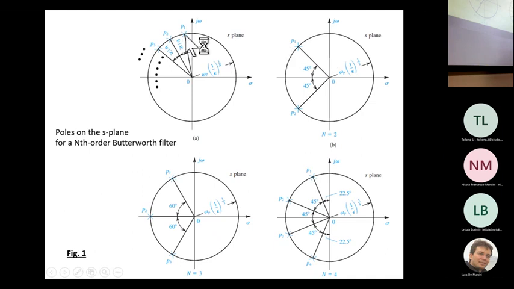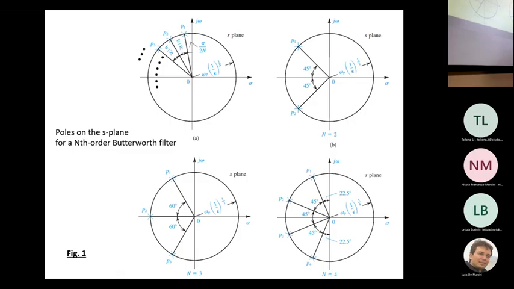The distance between pole 1 and pole 2 is pi divided by 2, that is 90 degrees. So you have an algorithm to construct the pole positions once you know the order of the filter n and the parameter epsilon. It is a pure mathematical procedure.